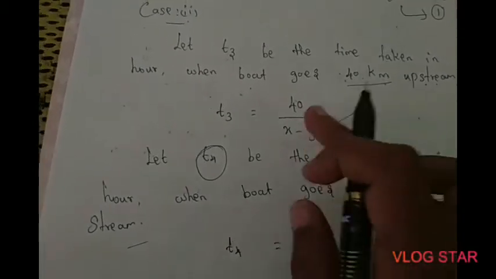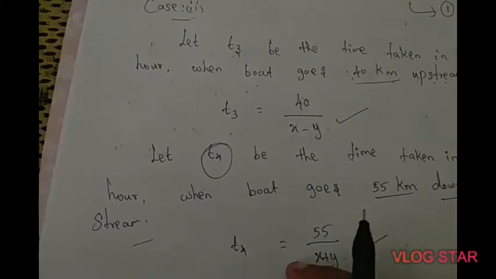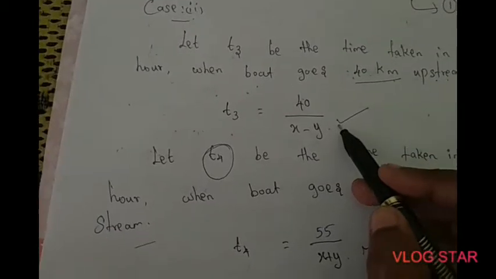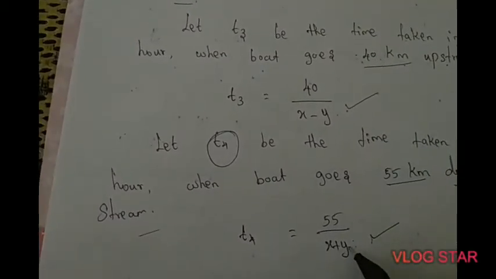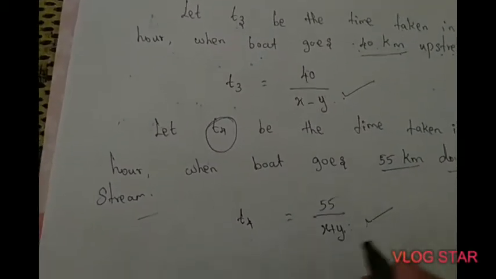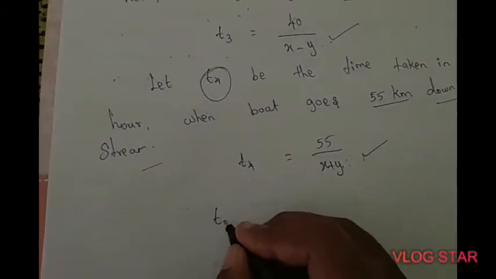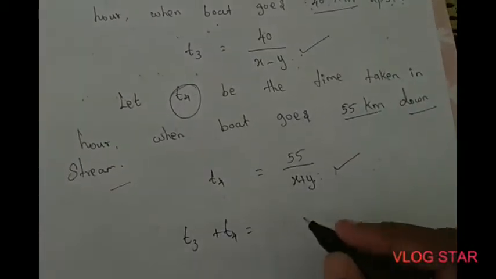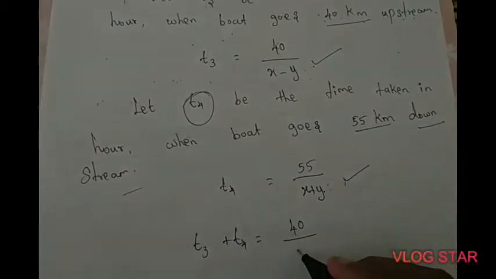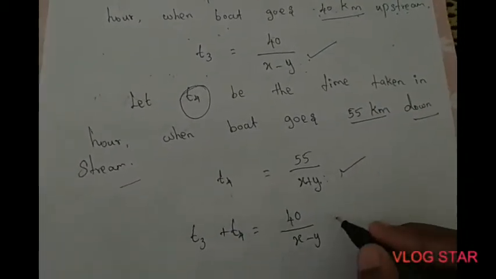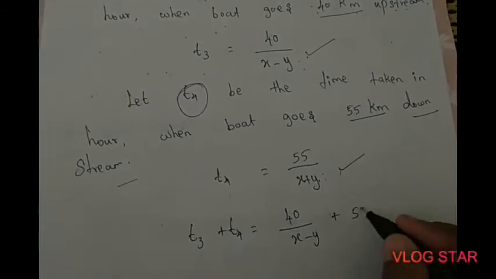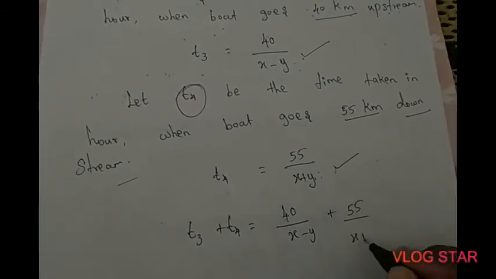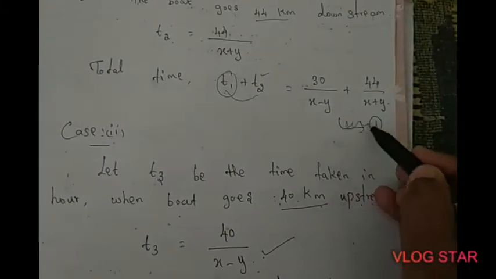Okay. Then in 13 hours, it can go 40 kilometer upstream and 55 kilometer downstream. Okay. Then we have to find the total time. T3 plus T4 equal to, what is T3? 40 by x minus y plus 55 by x plus y. Okay. Then take this as equation 2.